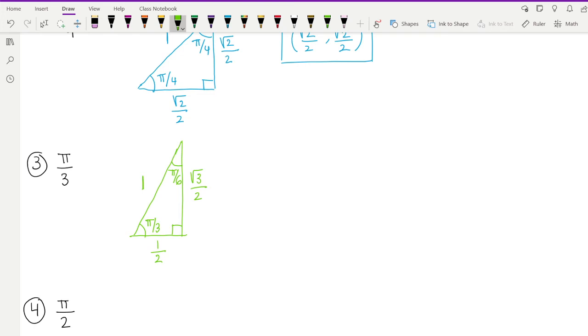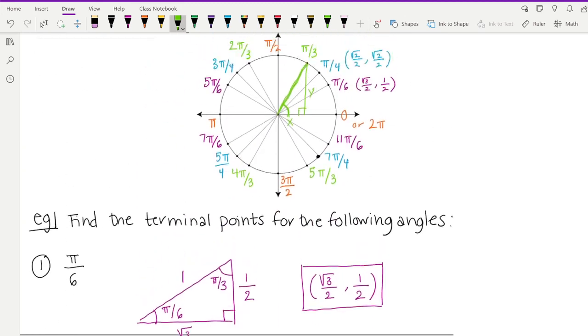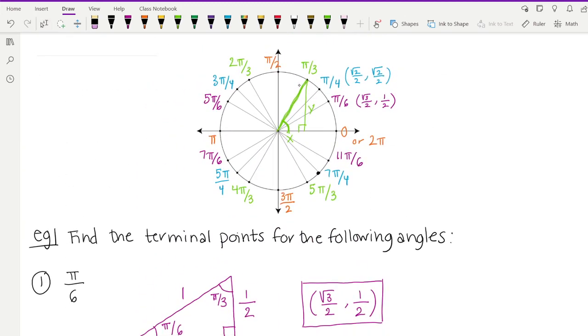This time the x-coordinate, again, is the horizontal side, which is the smaller of the two, so it's 1/2. And the y-coordinate is the bigger of the two, so square root of 3 over 2. We can label that on the angle here as well: 1/2, square root of 3 over 2.